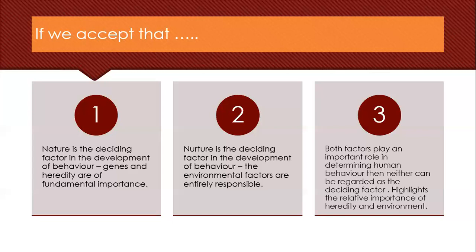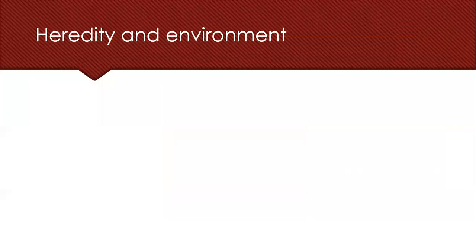So PKU clearly shows the importance of nature, our genes, and nurture, the environment, the diet it had. So it is really important that both play a role in the development of our behaviour. And that's what we're going to explore, the idea of heredity and the environment.